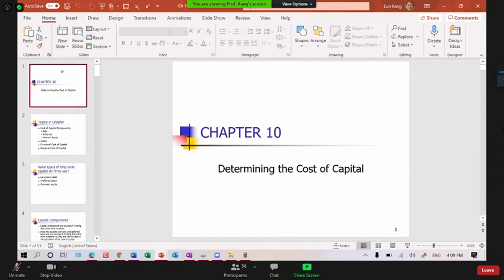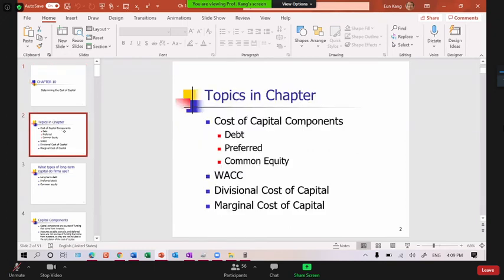Actually, we did that in 304, so we can go a little bit faster, but we'll go more in depth now, that's why it's 404. The cost of capital components are debt, preferred stock, and common equity. And then WACC, we did it in 304, but we didn't do divisional cost of capital and also marginal cost of capital. Those things are brand new. So let's just do it one by one.